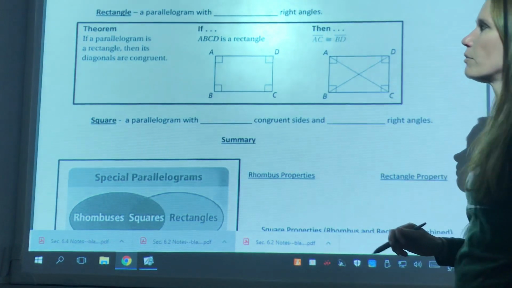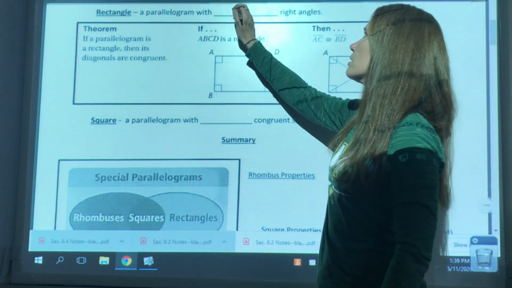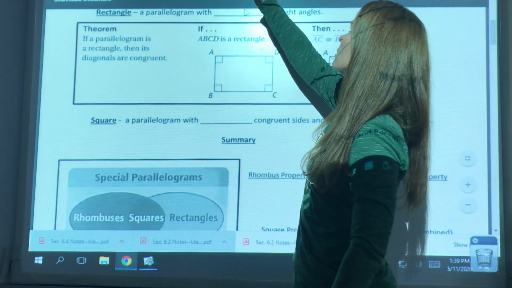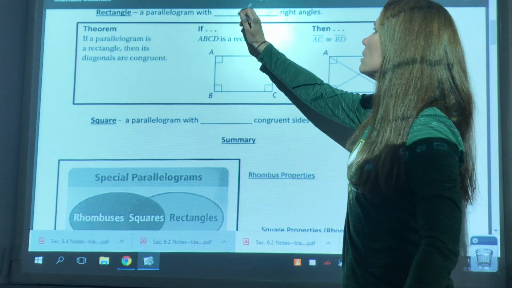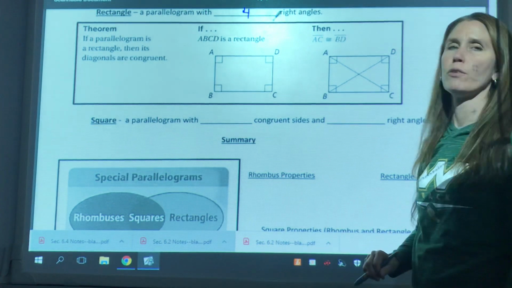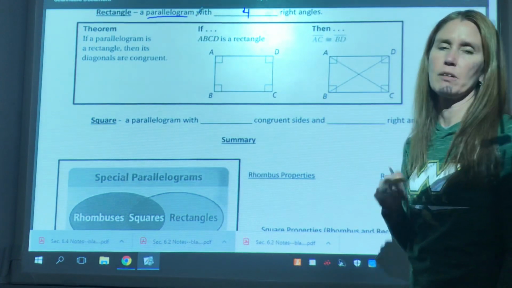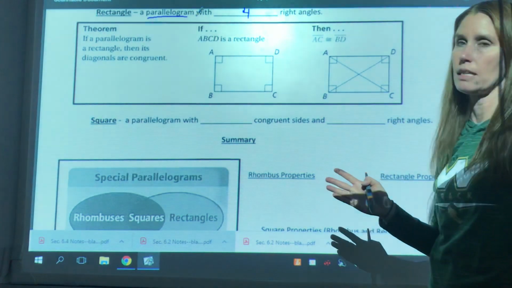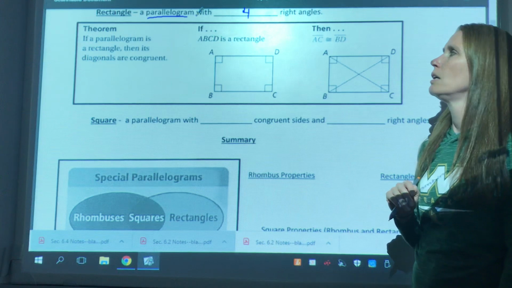Okay, so for a rectangle, it says a rectangle is a parallelogram with 4 right angles. So again, parallelogram meaning all the properties about a parallelogram we learned in section 6.2 apply to a rectangle. An additional thing about a rectangle is that it has 4 right angles.